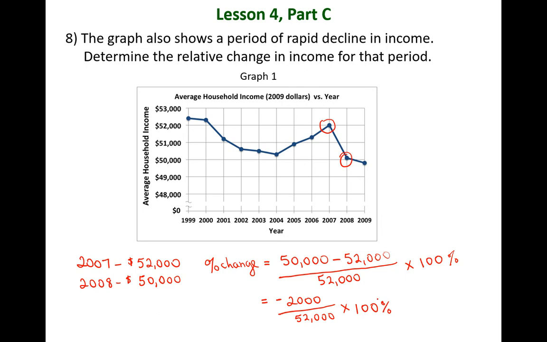So we've got negative 2,000 divided by 52,000 times 100, and that came out to be a negative 3.8%. The negative indicating that we had a relative decrease, that it went down, did not go up.